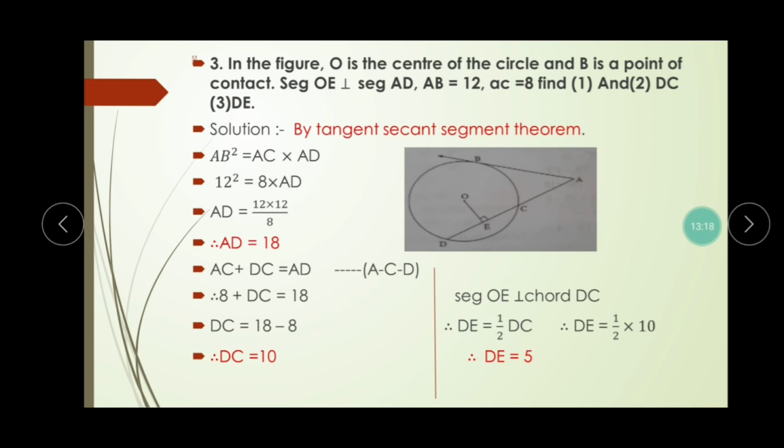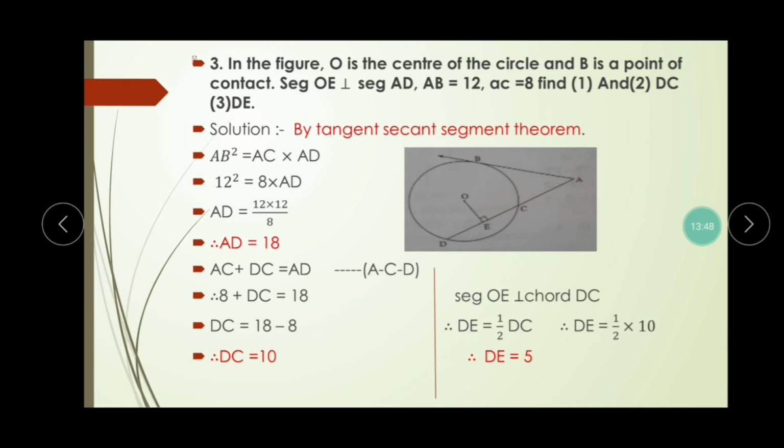So here, one of the tangents, we know that it touches the circle at one point, that point is point B, and line AD intersects the circle, which is the secant, which intersects the circle at points C and D. So what theorem are we going to use over here?